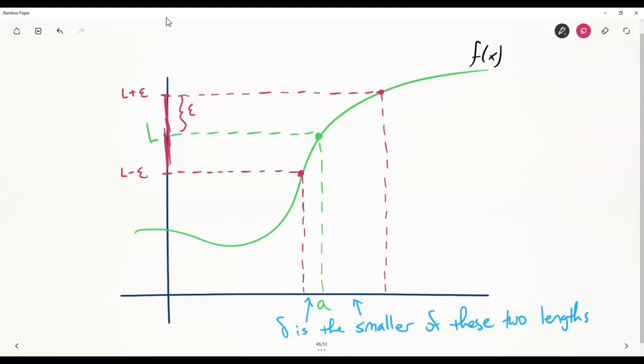However, look what happens when I look at the values on the x-axis. This interval is much smaller than this interval. So what's going to happen is you choose delta to be the smaller of these two distances.